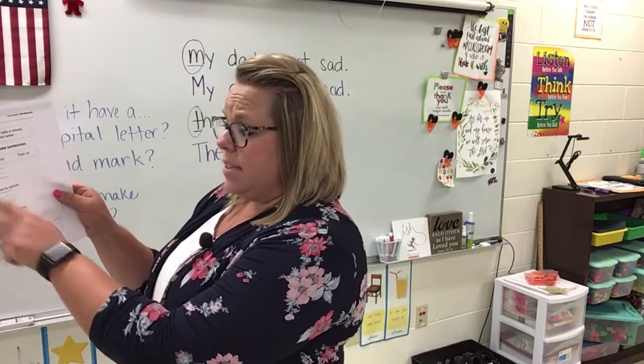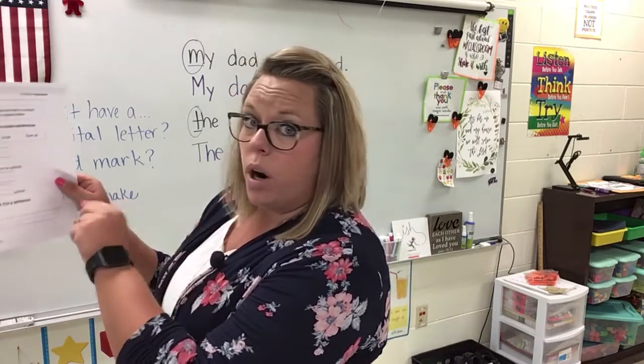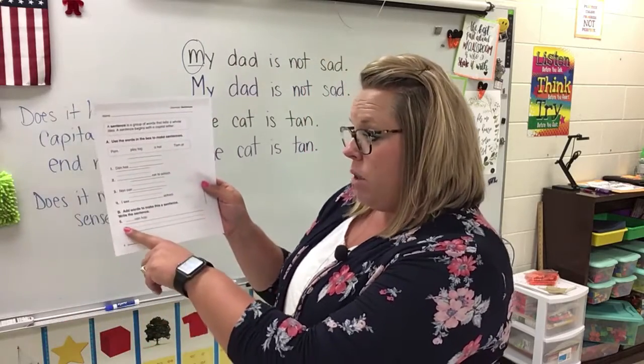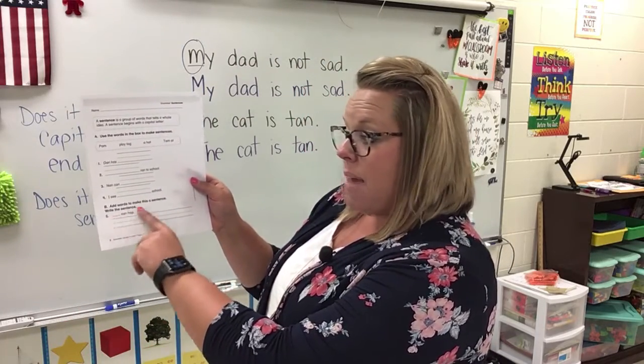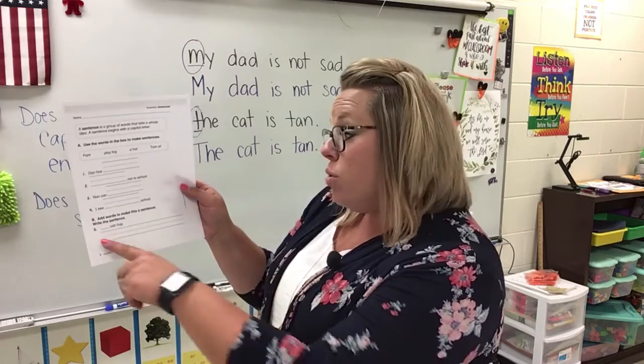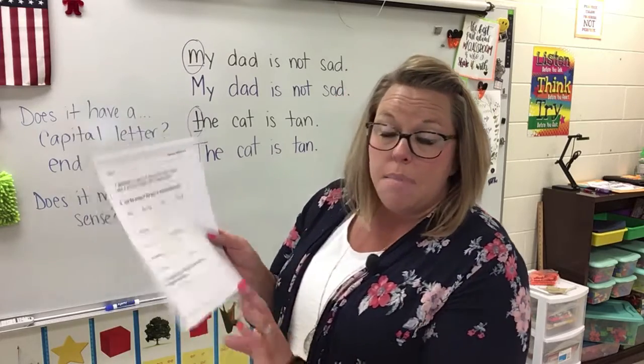You have 4 sentences, and each one of those groups of words needs to go into the sentence. At the bottom, you need to add words to make that into a sentence, and then you need to write the whole sentence, making sure that you have a capital letter and a period, an end mark. Okay? This is your homework for grammar today. Go ahead and get started right away.